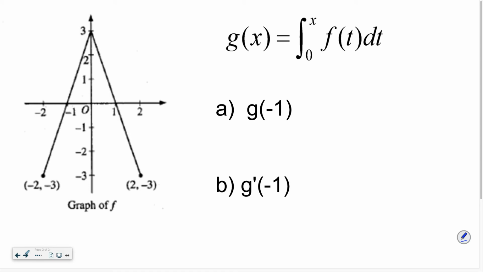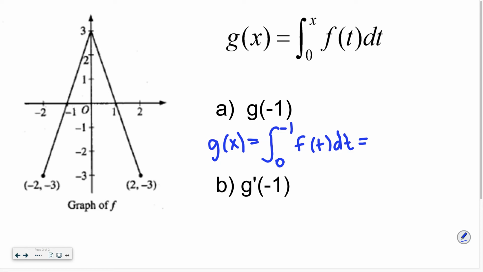One last thing before I have you start on your assignment. What if I asked you for g of -1? I'm asking you for the area from 0 to -1. That's like backwards, right?